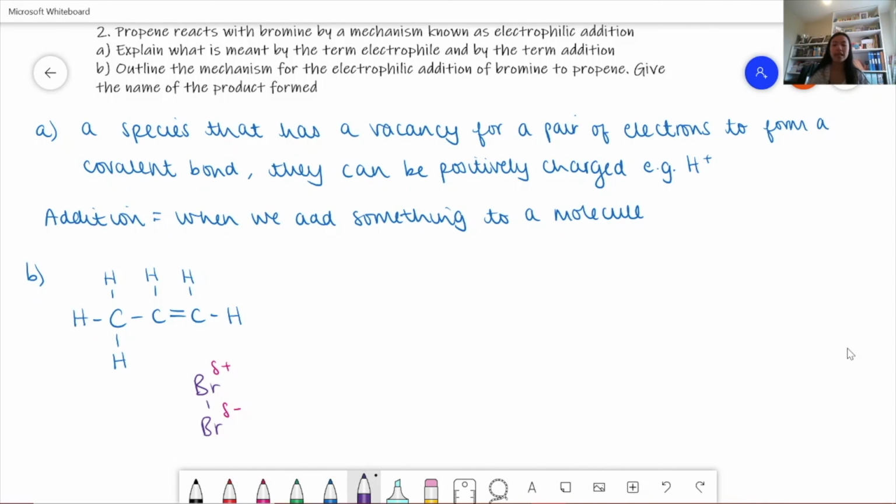And then what happens is that the electrons from the double bond are attracted to this partially positive bromine. And so it will form a bond, and then the two electrons from this covalent bond move towards the bottom bromine, removing it because of the incoming electrons repelling them. And so what we form is a carbocation.